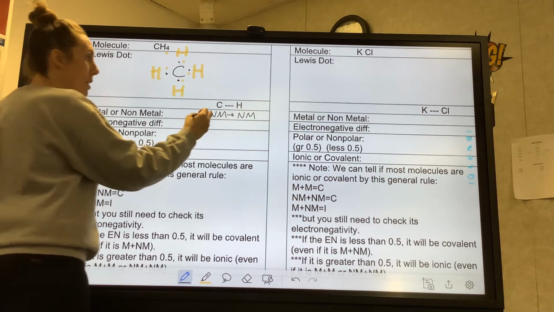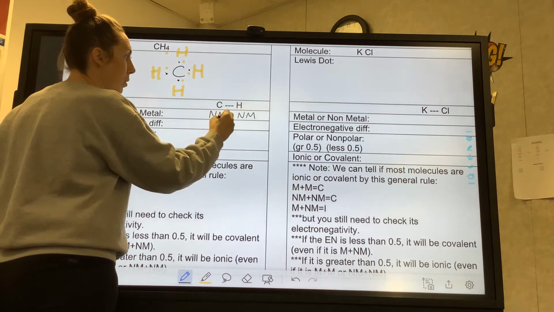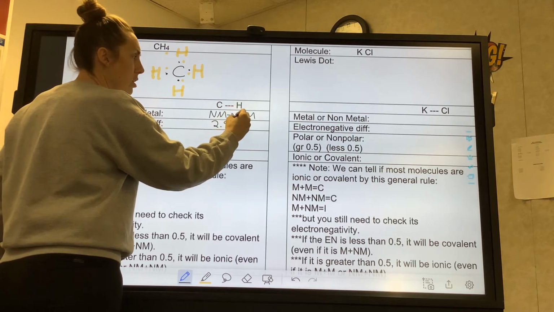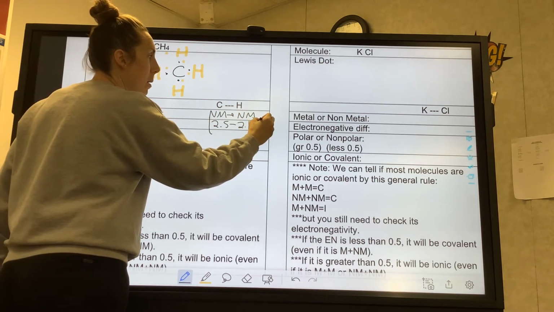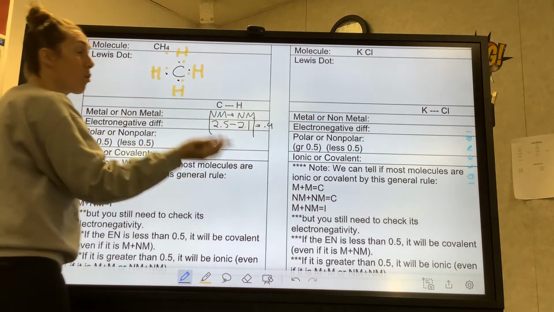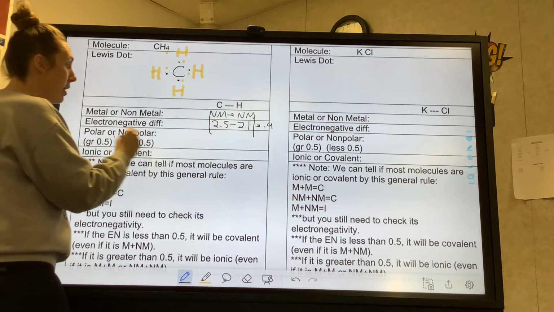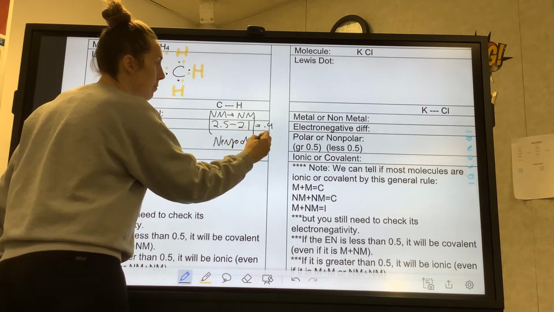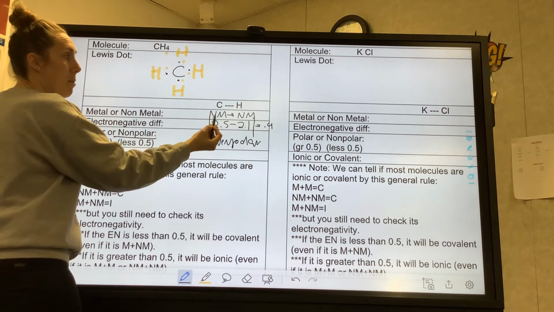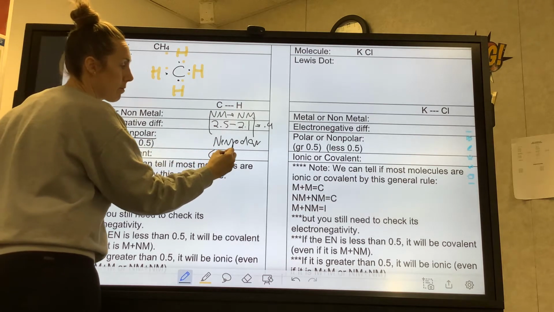Electronegativity difference, what's carbon? 2.5. Hydrogen is 2.1. The absolute value of that is what? 0.4. 0.4 is less than 0.5, so it is nonpolar. And we were right to assume non-metal, covalent.